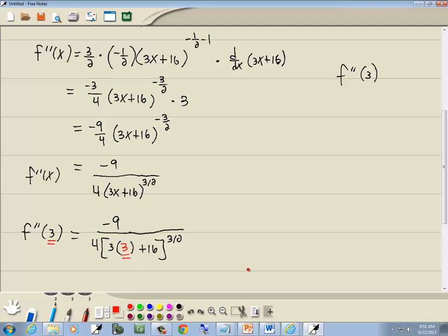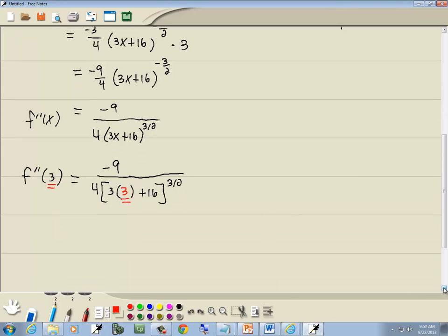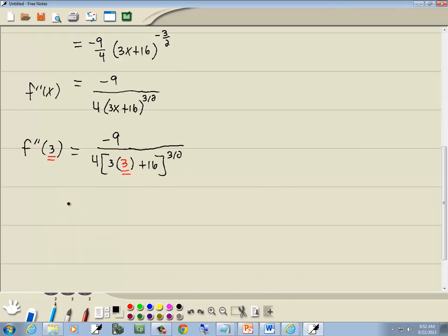So we put a 3 in there. So that gives us negative 9 over 4. 3 times 3 is 9 plus 16 to the 3/2 power, which gives us 4 times 25 to the 3/2 power.